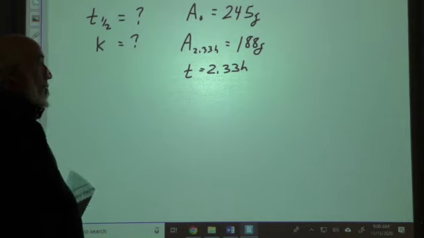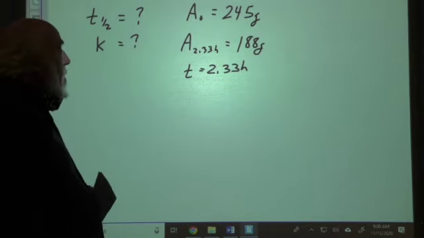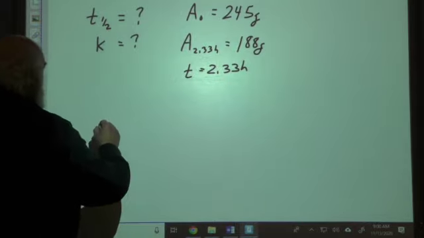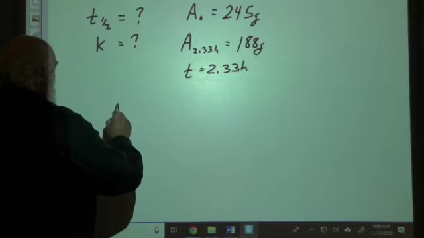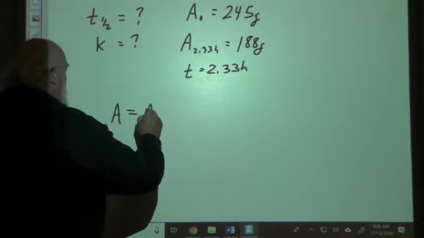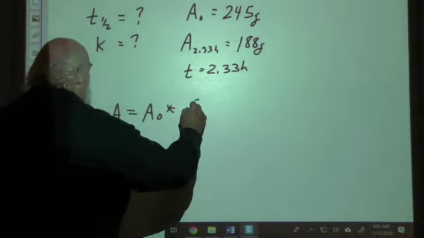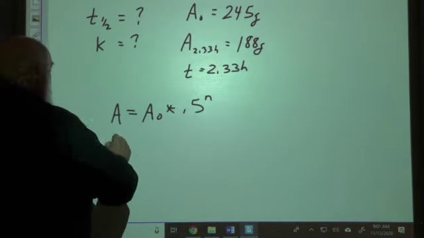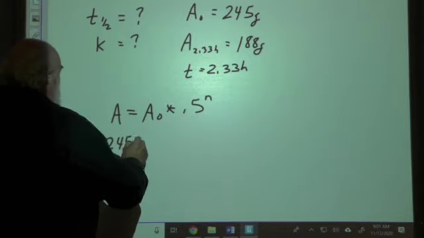All right, so if we use the world's worst banking formula here, let's put it up there to make sure we remember: A is equal to the original A times 0.5 to the n power. We do know A is 245 grams.